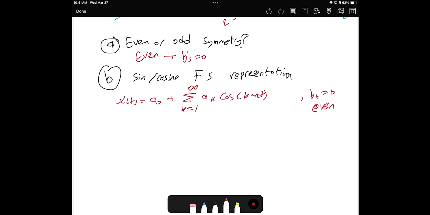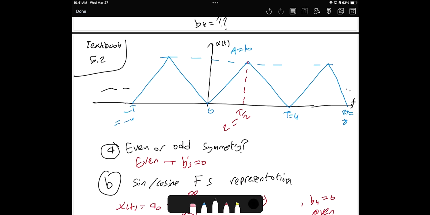How to calculate a naught? A naught is the average. So look at this function. What's the average? Here this goes up, then it goes down. Or you can imagine this as needing to find the area.